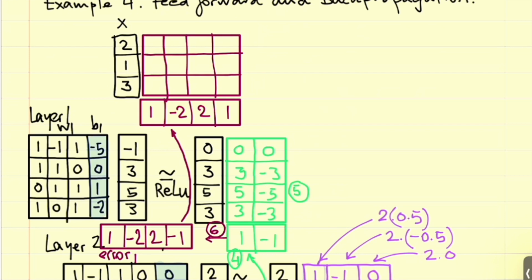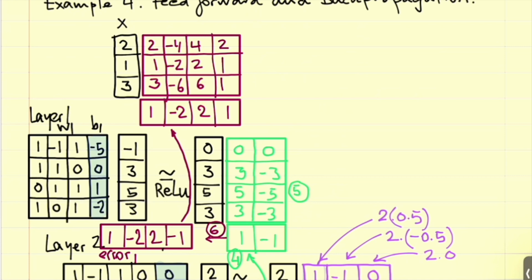Okay, I'll explain it in a second. So here we multiply again, dot product, okay, so 2 minus 4, 4, 2, 1 minus 2, 2, 1, 3 minus 6, 6, 1.